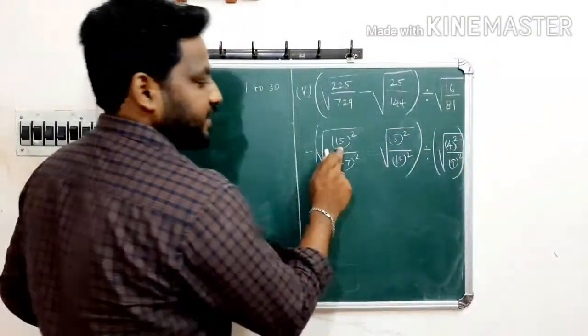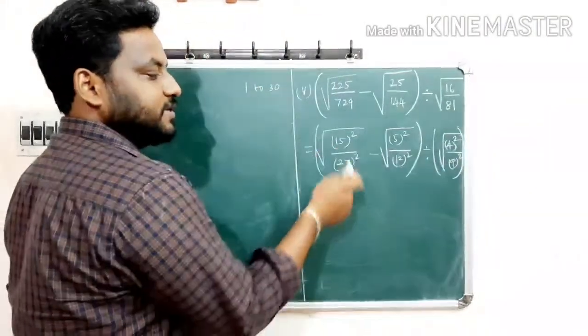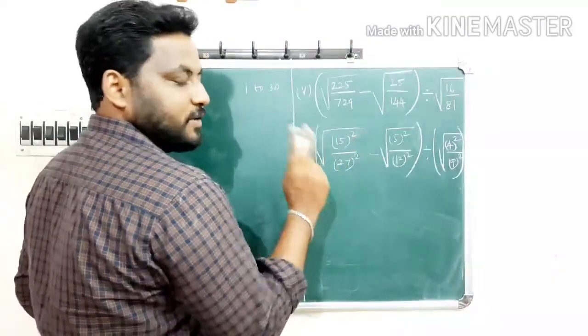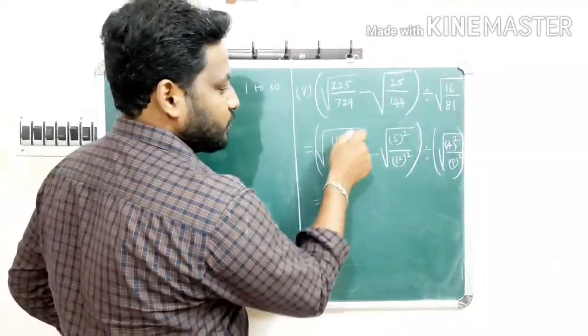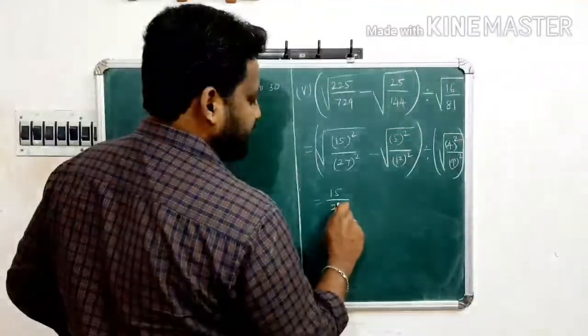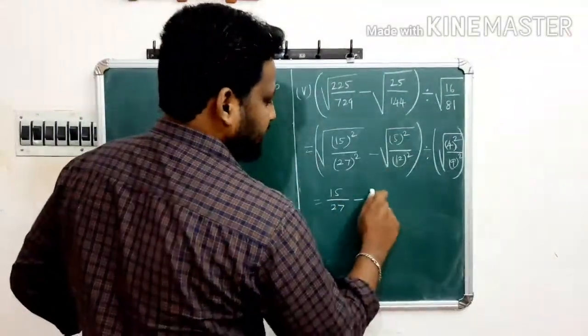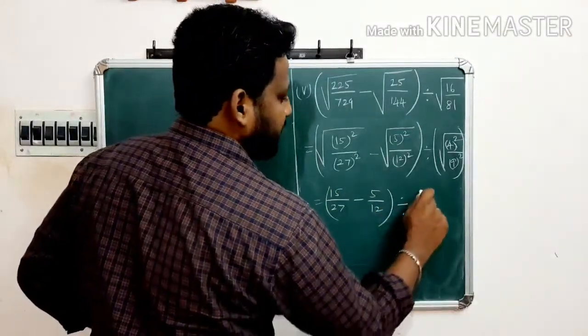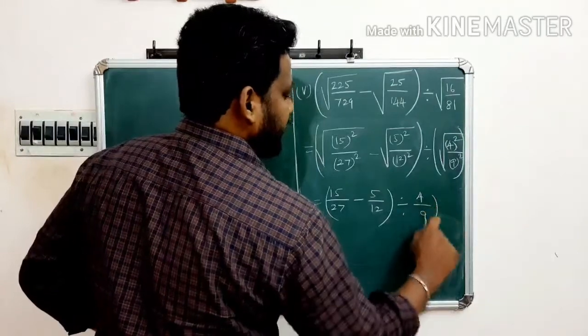Now we know that if the square root value is there inside the square, we have to take only one time. So 15 square, square root, square will be cancelled. So 15 divided by 27 minus 5 divided by 12 whole divided by 4 divided by 9.